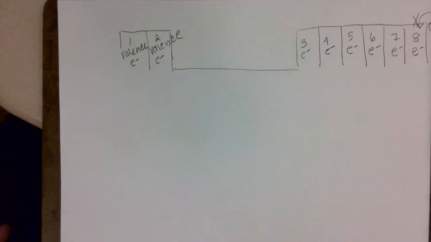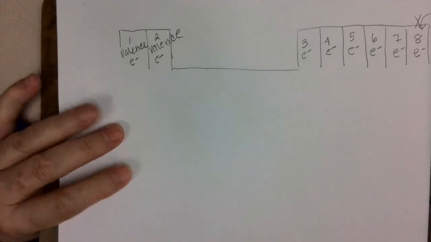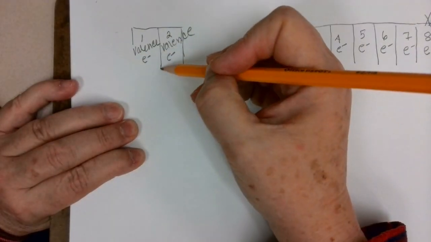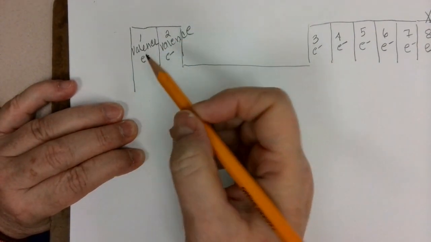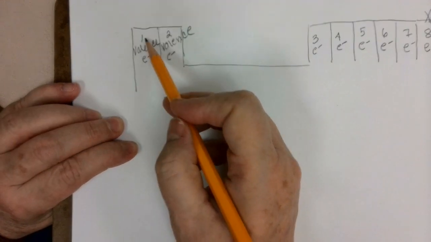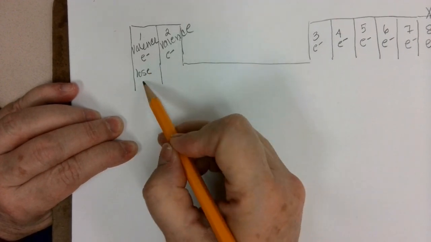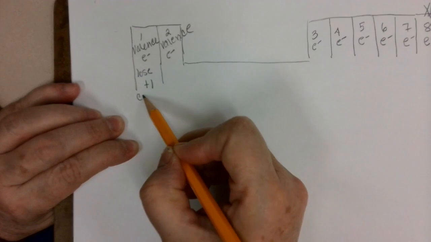And you'll remember from previous videos and also in class, I've said that if you have column 1, these are metals and they like to lose electrons. So when they lose their valence electron, then they become a +1 ion, also called a cation.